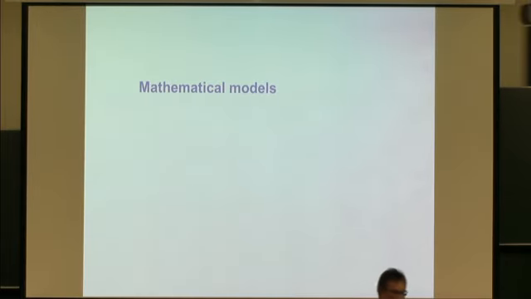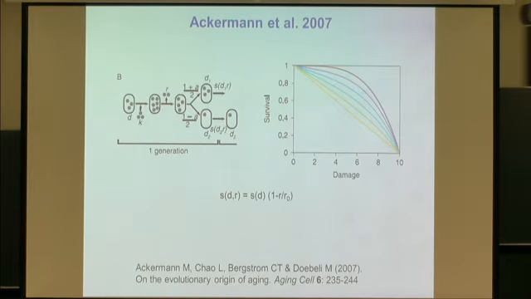So there have been some mathematical models, quite a number, asking this question. One model by Martin Ackermann et al. is conceptually very simple. You have a cell with a certain amount of damage, which gets a new amount of damage every generation, k.